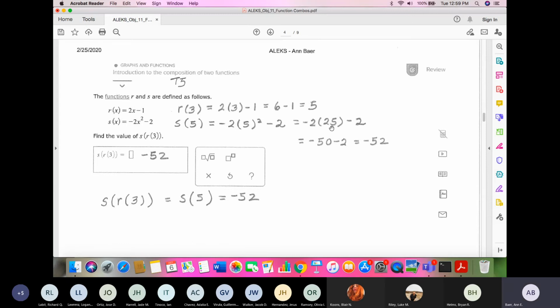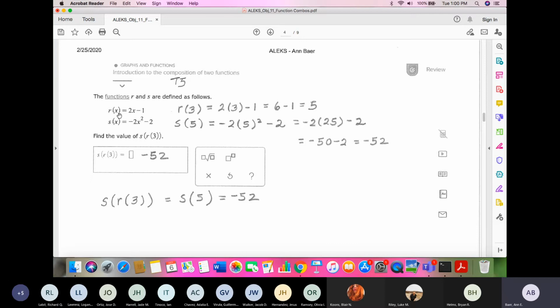So let's take a look here. We are now going to start talking about composition. In this problem, Alex gives us composition in workable form, so we can see how to use it in workable form first, then we can do another topic where we're putting it in workable form and then working with it. The functions R and S are defined as follows.